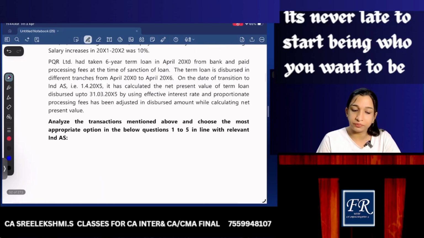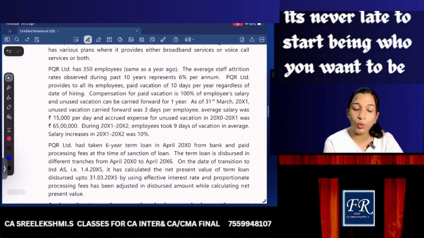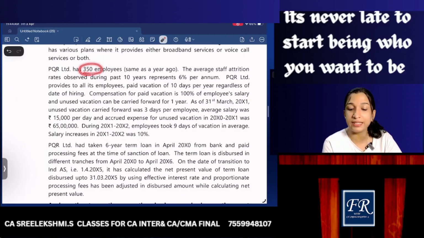Now, next one. PQR has 350 employees, same as a year ago. The average staff attrition rate observed during the past 10 years is 6% per annum. So what I should understand is, last year there were 350 employees. Of that 350 employees, 6% would have left and 6% would have newly joined.